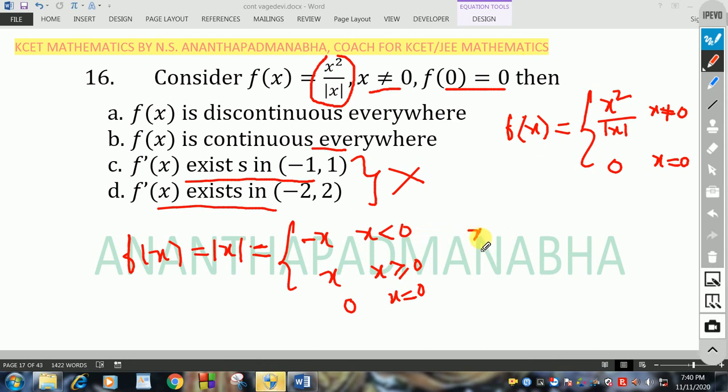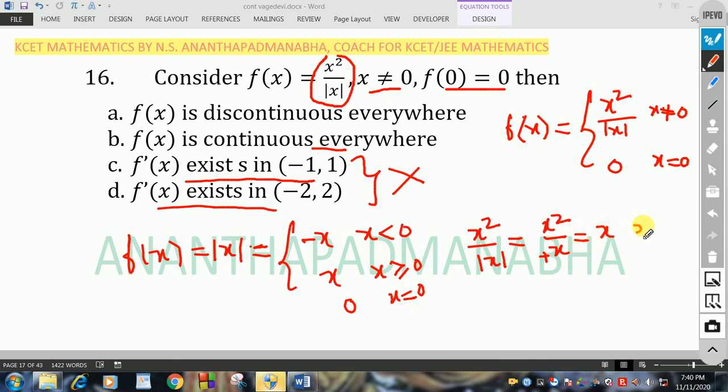Here x square by modulus of x is equal to x square by x, that is plus x, for x greater than 0.